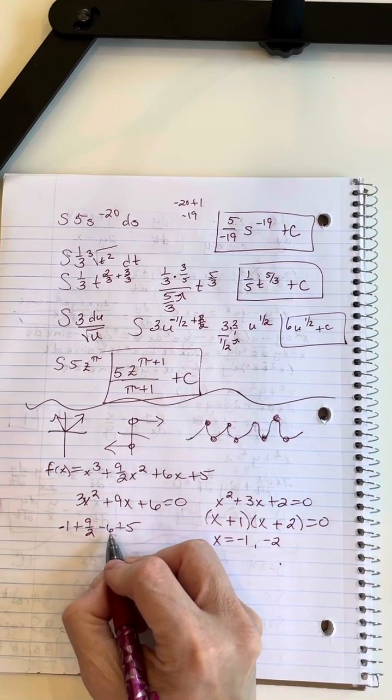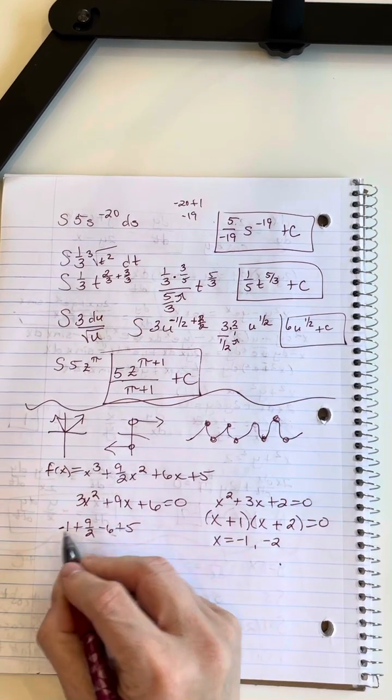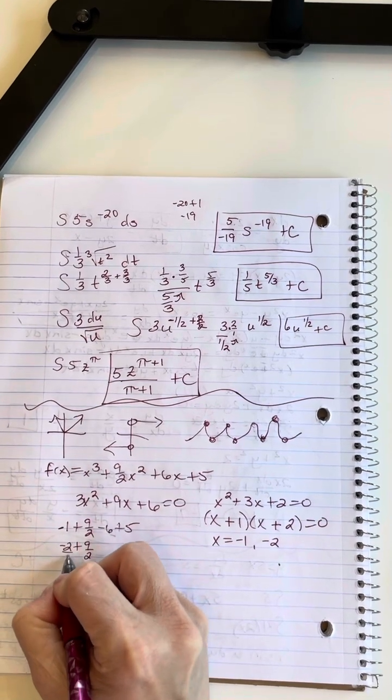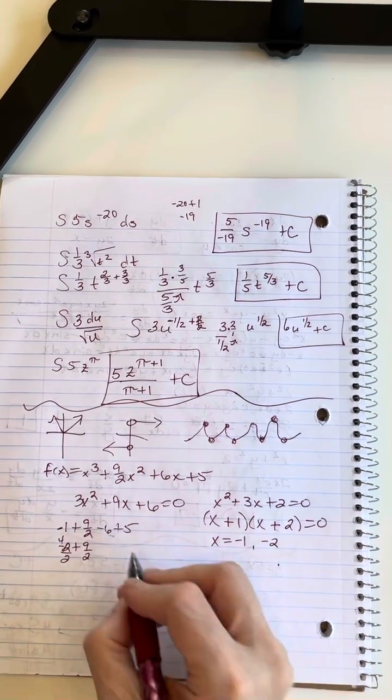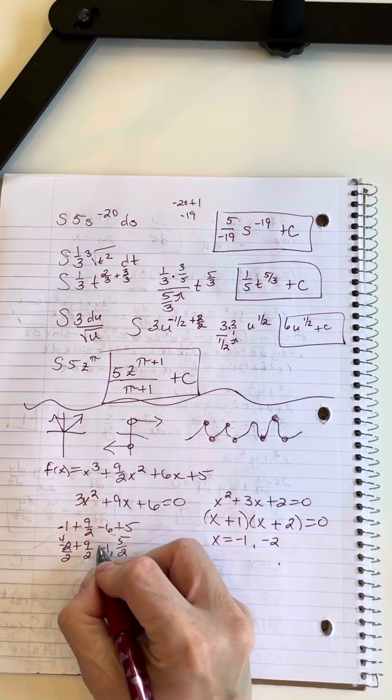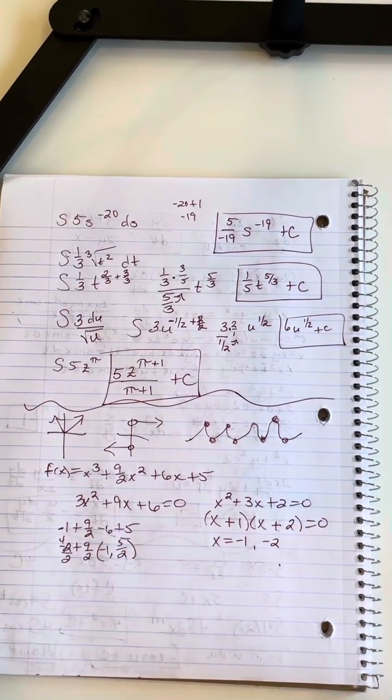Okay, I'm going to go ahead and make that -1 and that -1. So that's -2 plus 9/2. So then my common denominator makes that -4. So 5/2 is the matching value with the -1. So that would be its coordinate point.